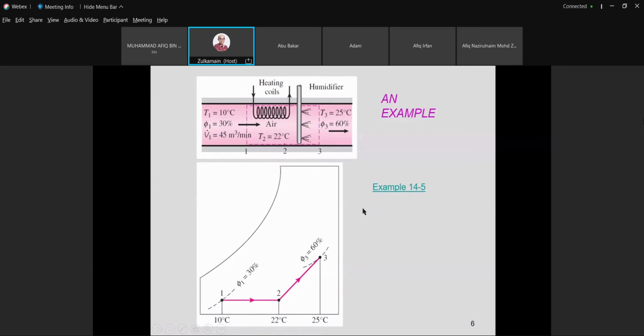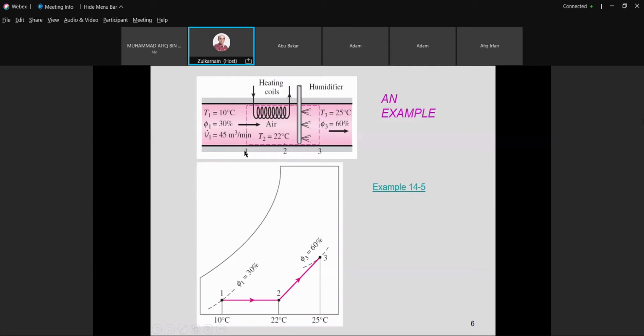Right. Now we look at an example from the book. In this case, the initial state is T1 10 degrees, Phi1 30%, and the volumetric flow rate is 45 meter cube per minute.